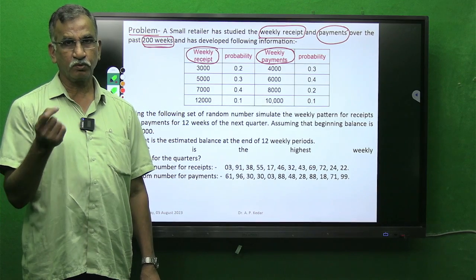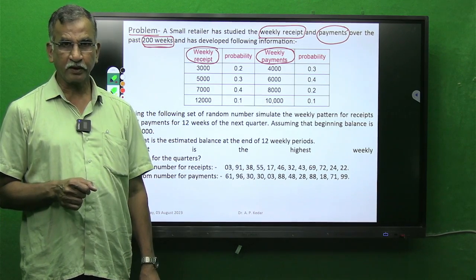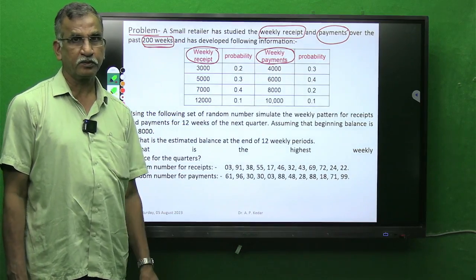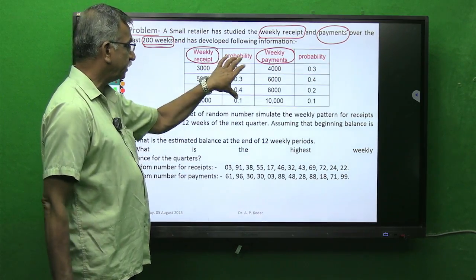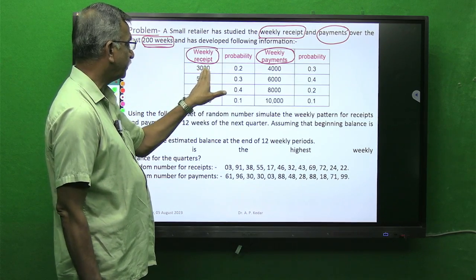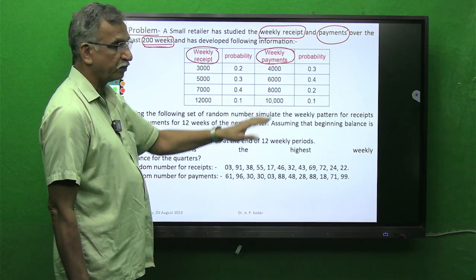And suppose I go to the bank for withdrawal of the amount from my saving bank, it will be a payment term in bank transaction. So probability distribution is given for different amounts of receipts as well as payments.